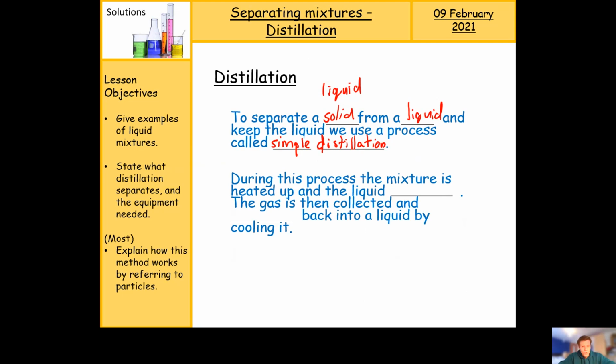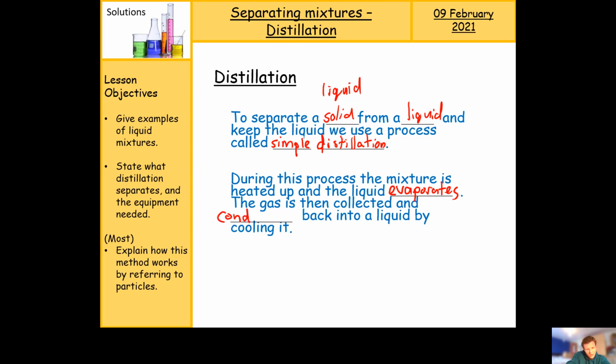During this process, the mixture is heated up and the liquid, what happens to a liquid when you heat it up? Yeah, so the liquid is going to evaporate. The liquid evaporates. This gas is then collected and then turned from gas back into a liquid. What's the term for going from gas to liquid?